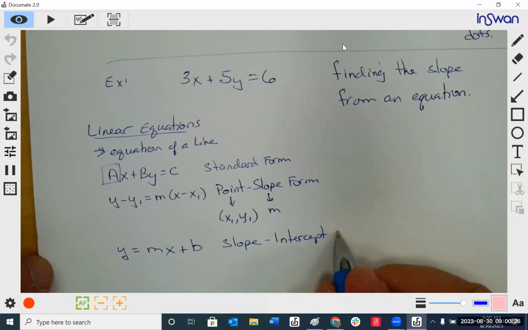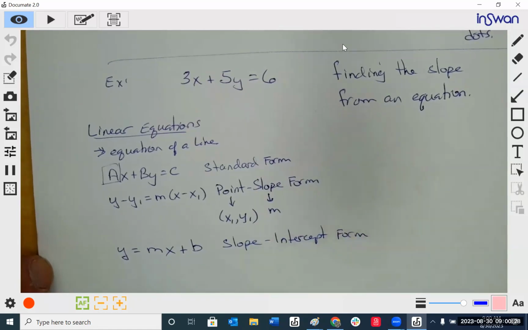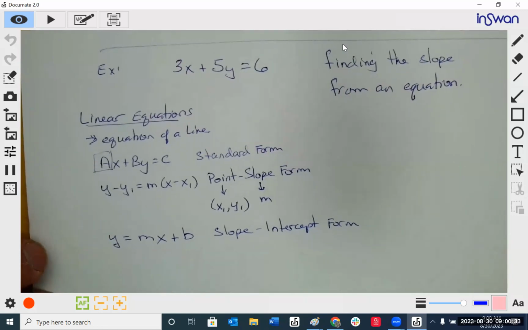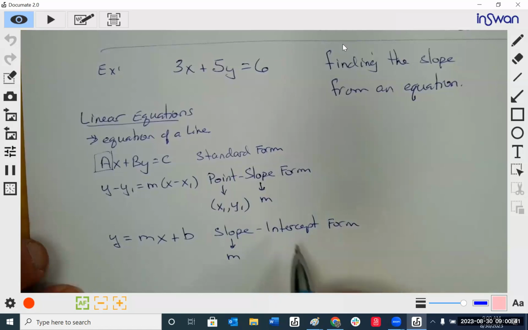This is called the slope-intercept form. You have the slope, which is m, and the intercept is the y-intercept, which is the b value.